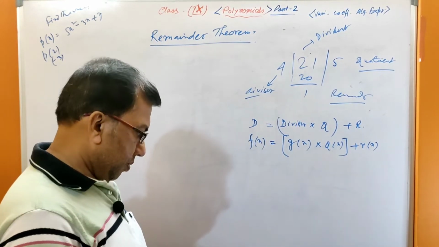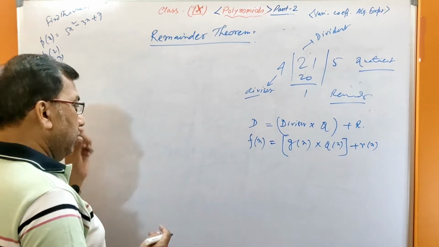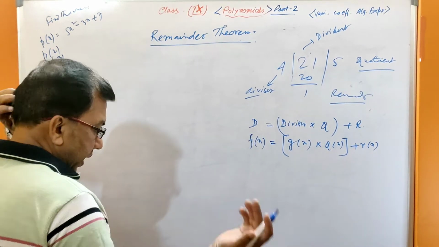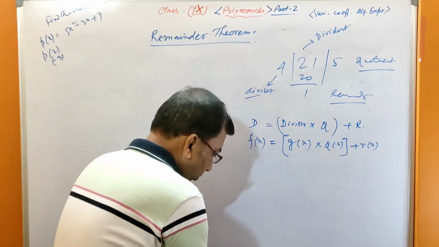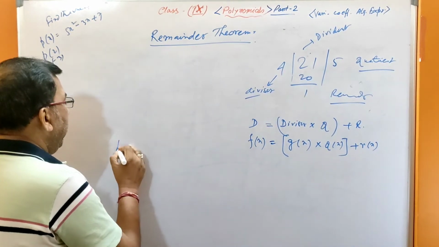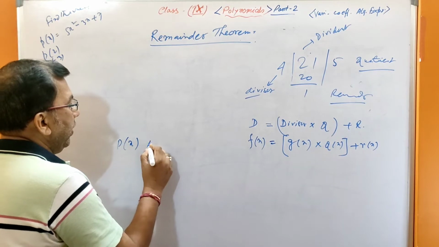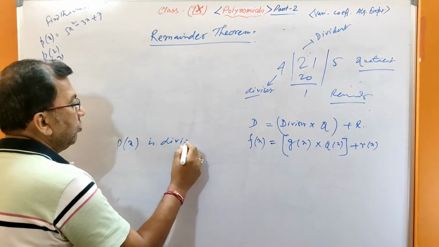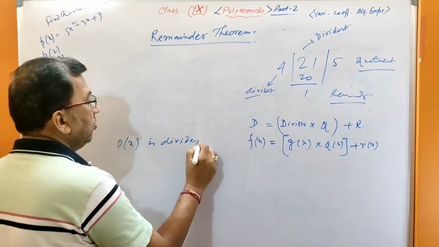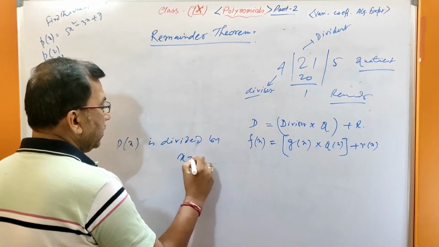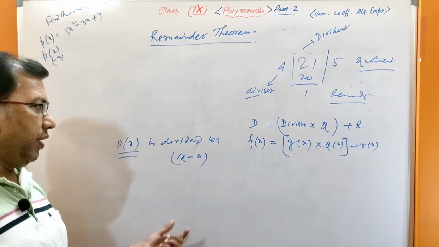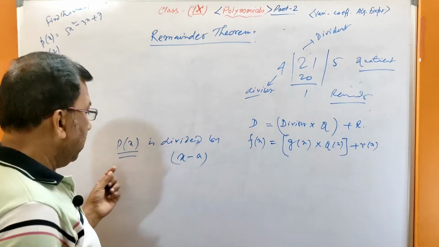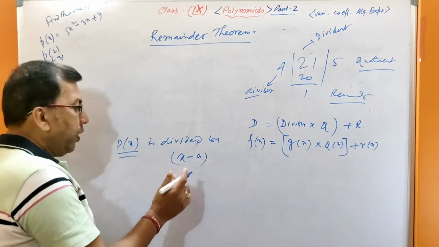Okay? Besides, if any polynomial px or fx is divided by x minus a, then in this case the remainder will be what?